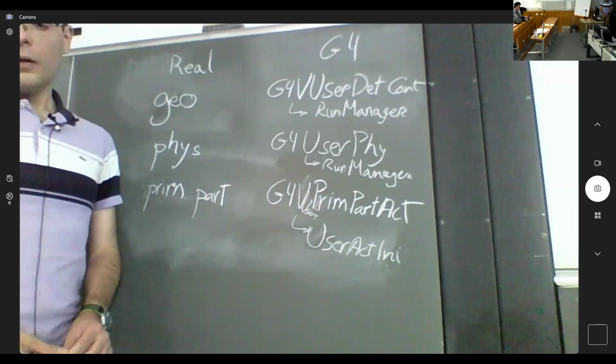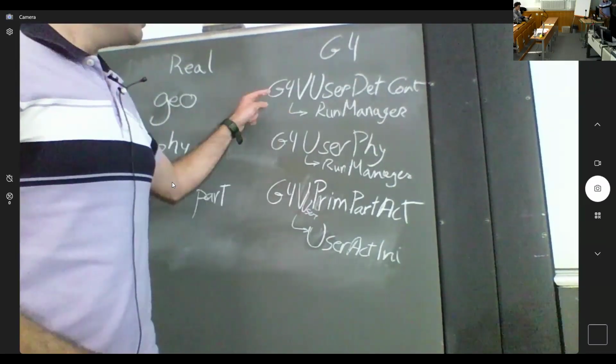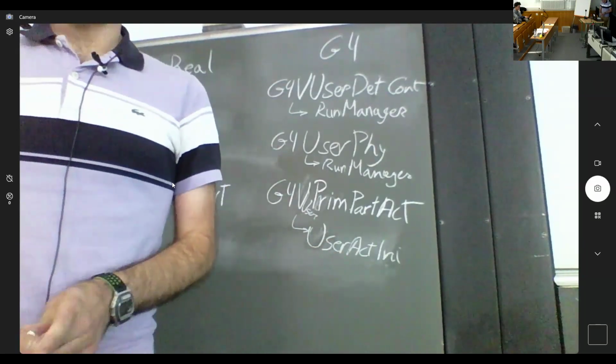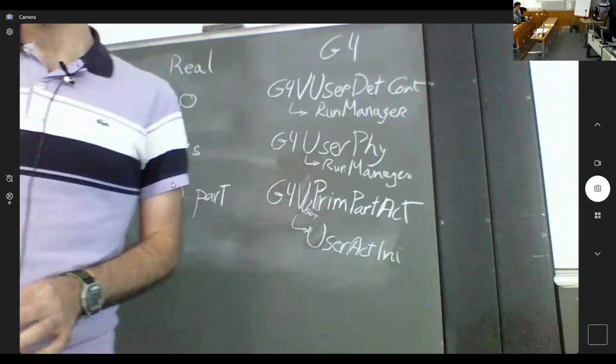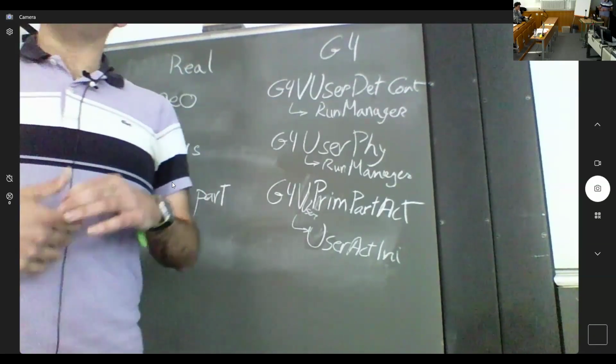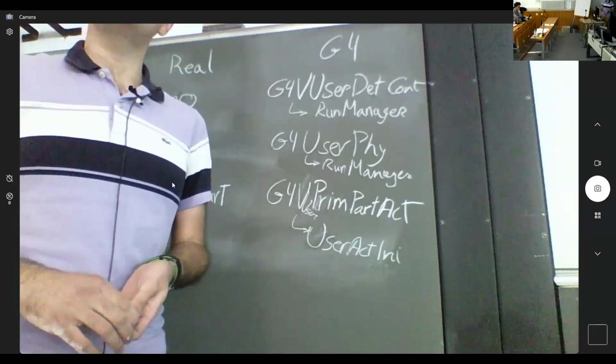These 4 classes are the only ones that are mandatory to run a Geant4 simulation. And we will see the other ones that are optional, but very useful to extract information from the simulation on Thursday.